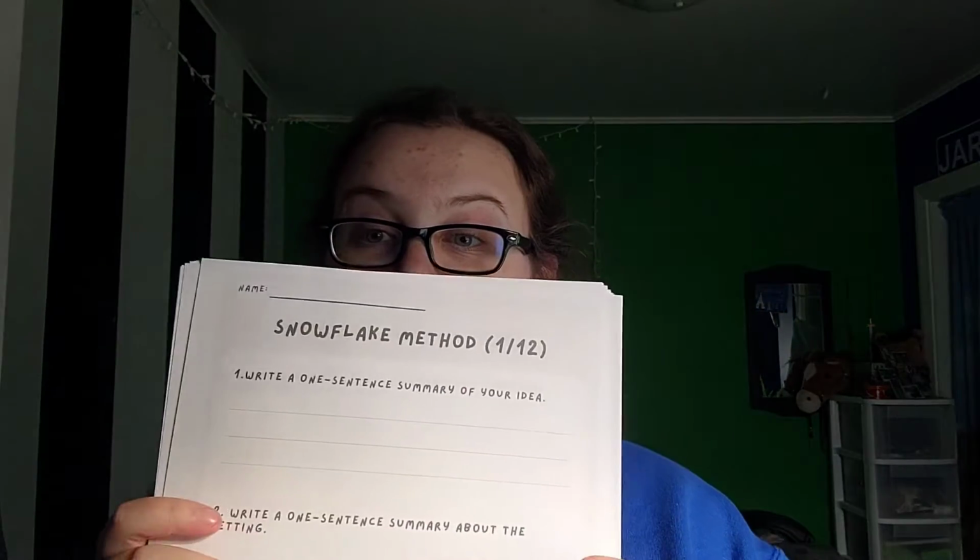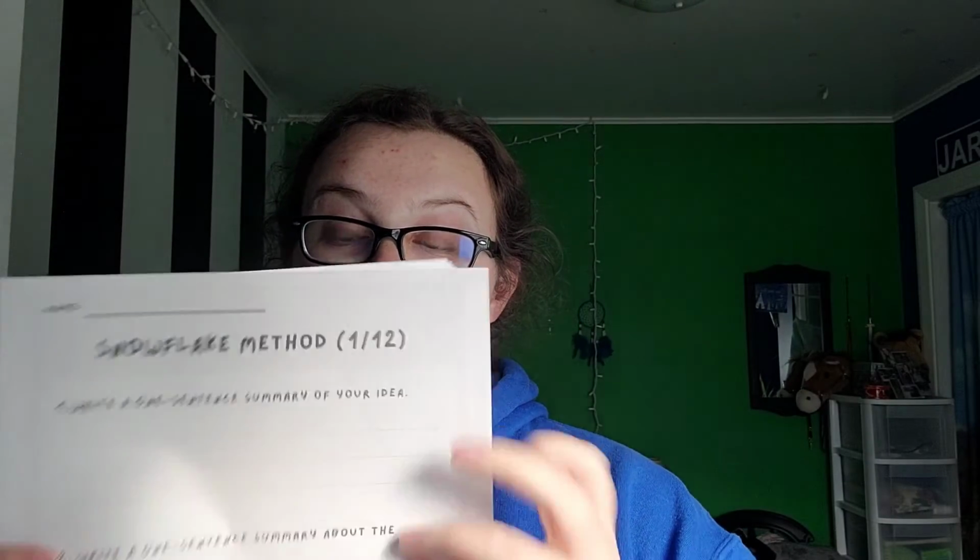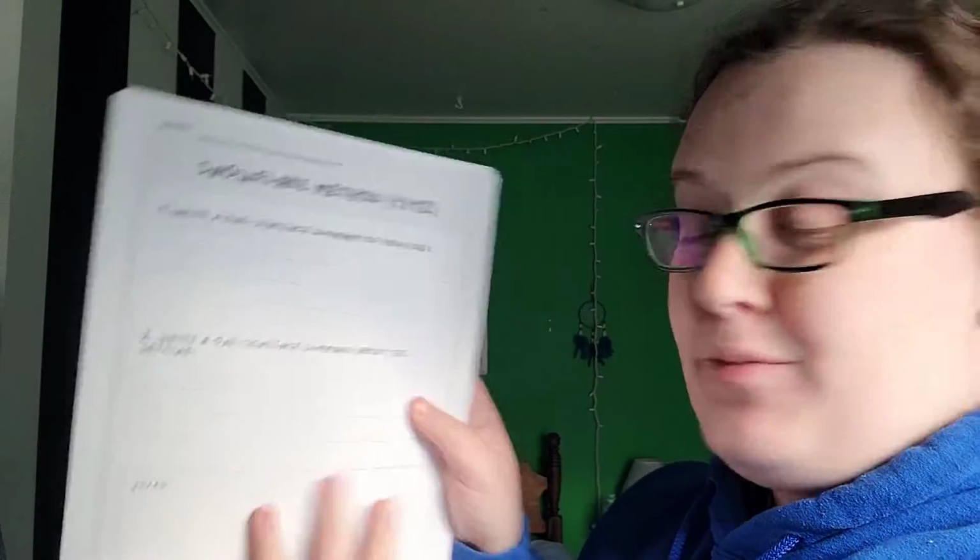So in this first Preptober trying a bunch of different things series, we are going to be filling out all 12 of these sheets that are for the Snowflake Method. Each one is like a different piece of it. The dogs are going bonkers out there. So each one has a different piece, and I'll show some of these as I'm working on it.